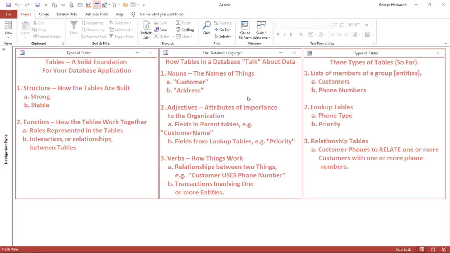Each phone number can be used by multiple customers. So the relationship is codified into that table. Customer uses phone, or customer has phone, and vice versa. Phone belongs to customer.